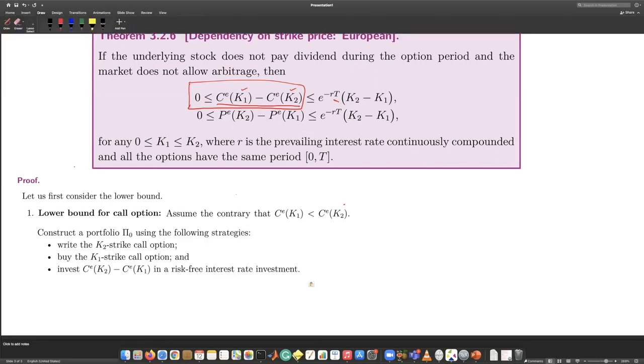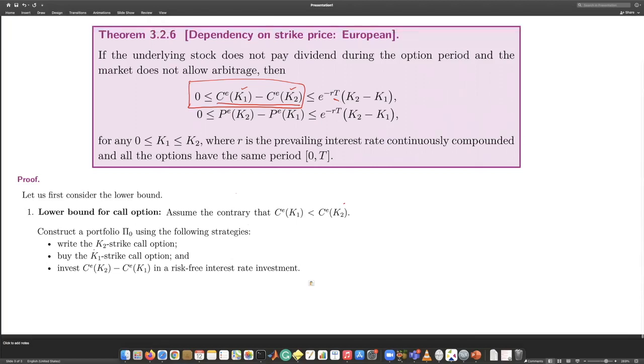The trading strategy goes like this: construct a portfolio Pi_0 in the following way. Write the K2 strike call option and then buy the K1 call option. It means you sell the K2 strike call option and buy the K1 strike call option. So by selling the K2 strike call option, what you get is the premium for it, which is denoted by C_E(K2).